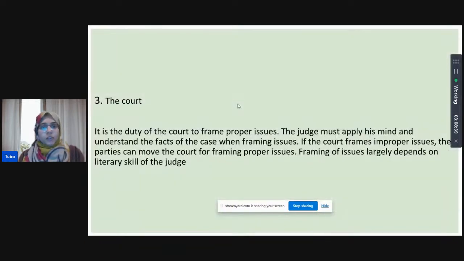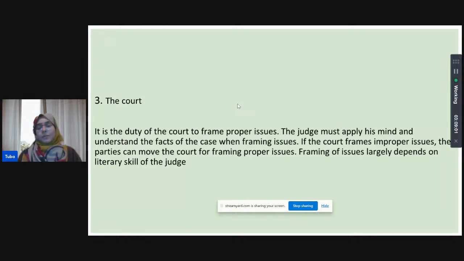Excellent. It is the court. It is the duty of the court to frame proper issues. The issues will be presented and brought to the court by the pleaders, by the parties, whether it's the plaintiff or whoever, but the framing of the issues is done by the court itself. The judge understands what is before it in terms of the facts of the matter, and then he frames the issues.